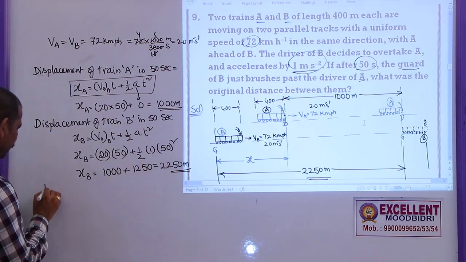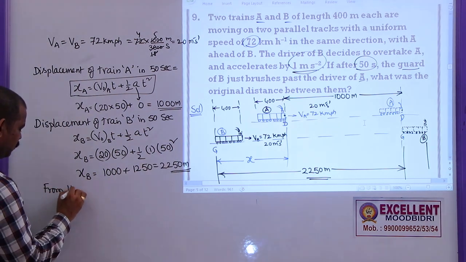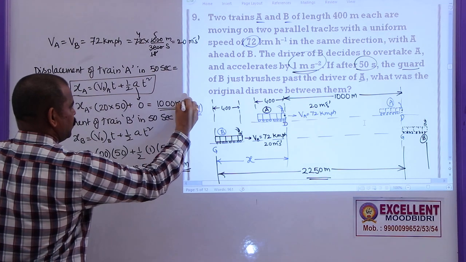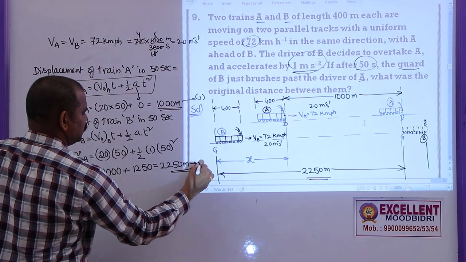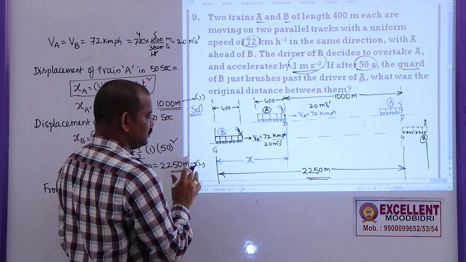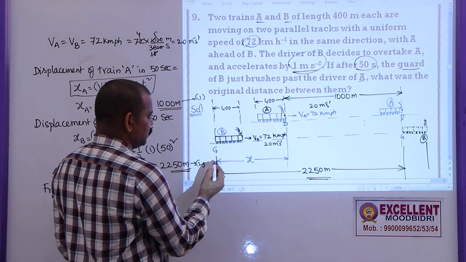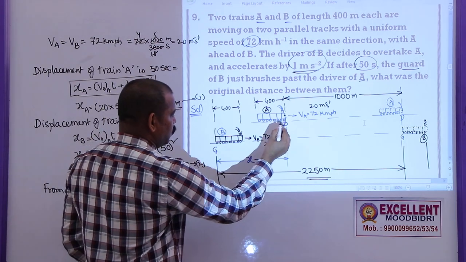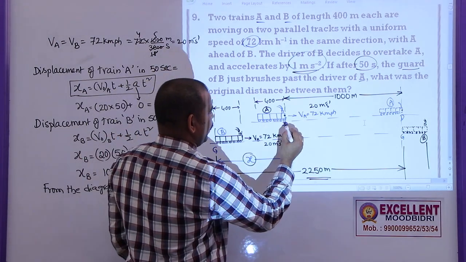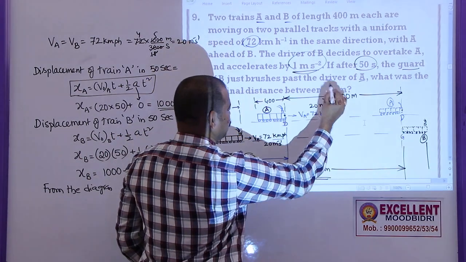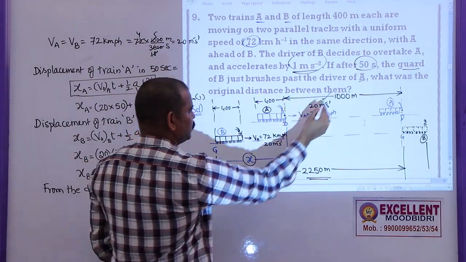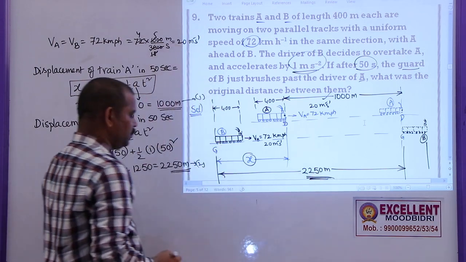From the diagram, this is equation 1, this is equation 2. From the diagram, let me take the distances as well as the length of these trains. From guard to driver distance x, and from driver to driver distance 1000, so x plus 1000 is equal to 2250.